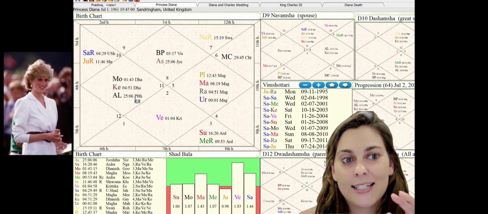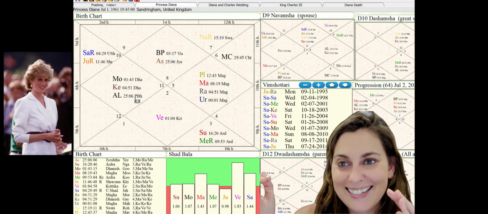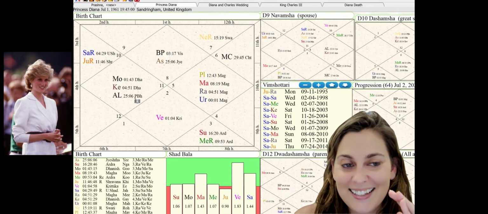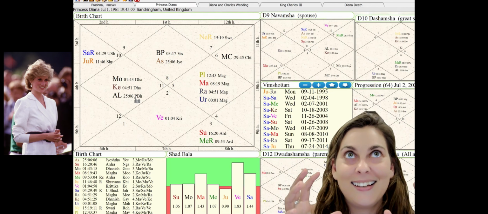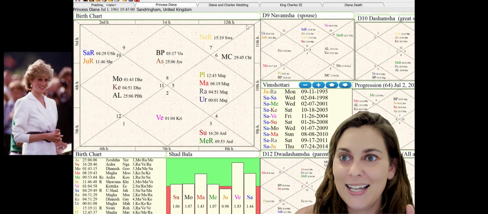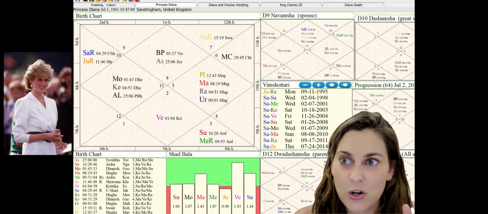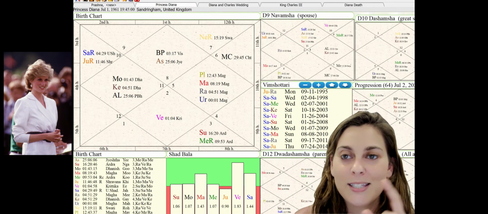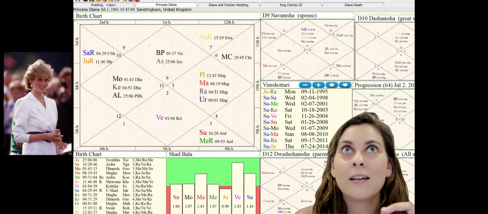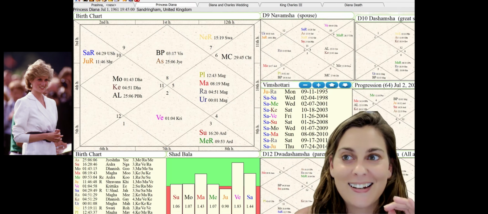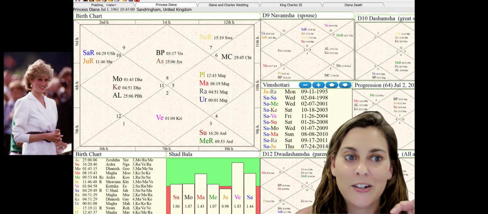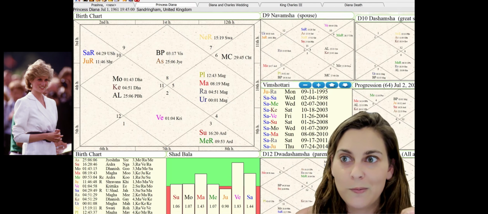And it's like Ketu was severing that. I just find that really interesting. The person that we thought she was is gone. And what's interesting to me about that is when she died, people really started investigating what was really going on in her life and what she was really going through.